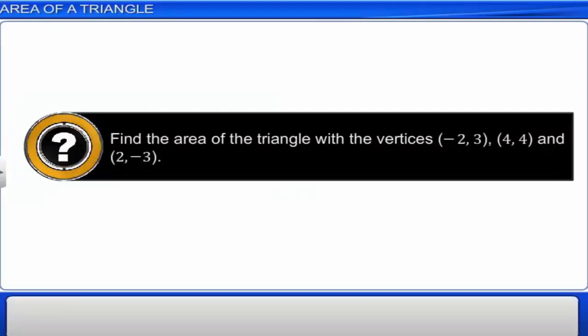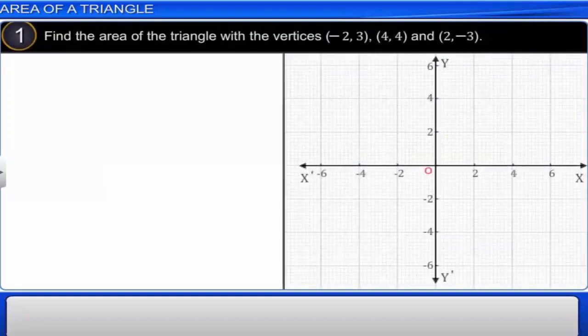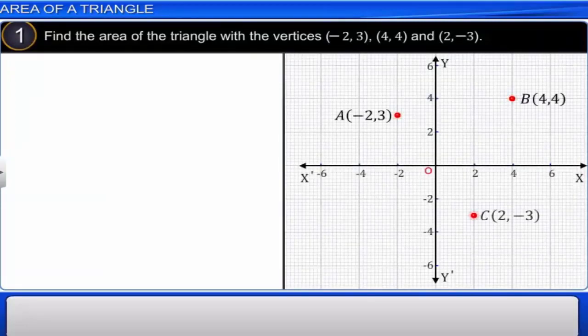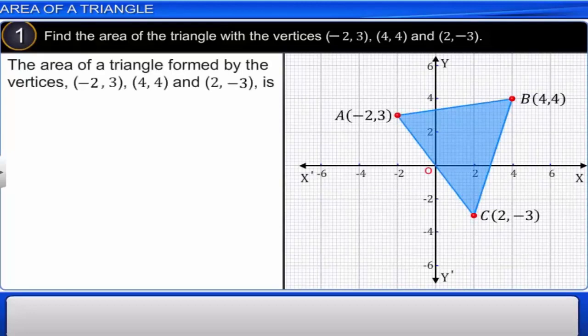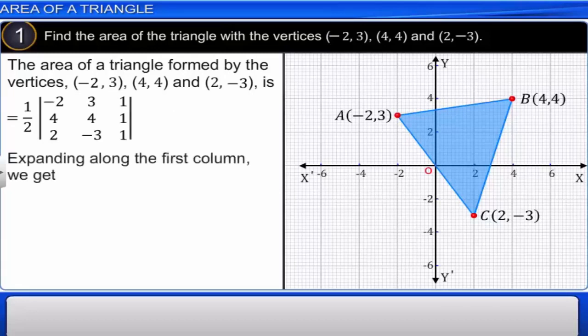Let's use this formula to calculate the area of the triangle when its three vertices are -2, 3, 4, 4, and 2, -3. In terms of a determinant, the area of the triangle formed by the given vertices can be written as shown. On expanding the determinant along the first column, we get the following.